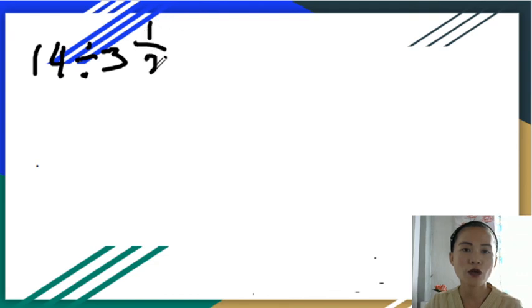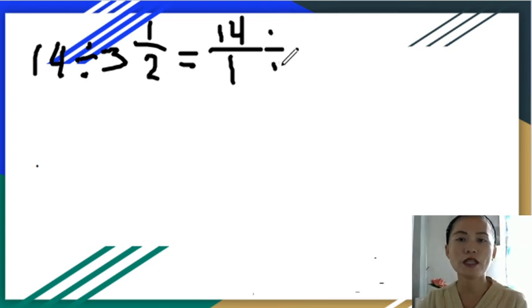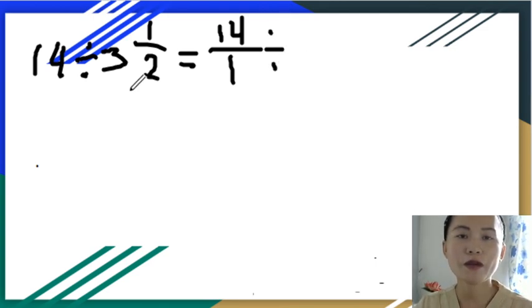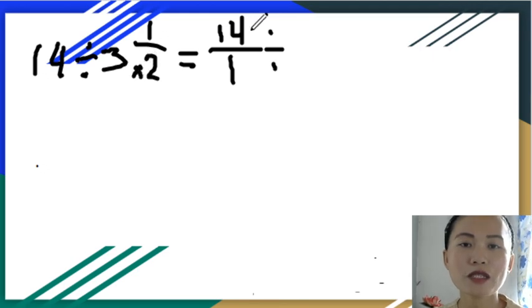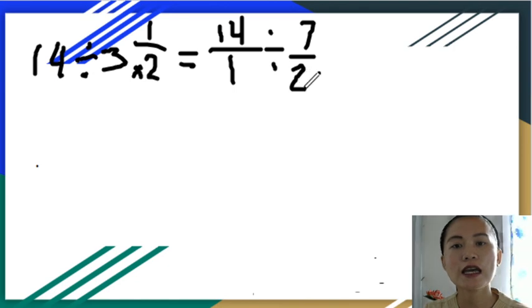So, hindi pa natin mape-perform yung operation agad-agad. Kasi, we're going to make our whole number into fraction as well as our mixed fraction. We're going to convert that into improper. So 3 times 2 is 6 plus 1 is 7. So 7 halves.